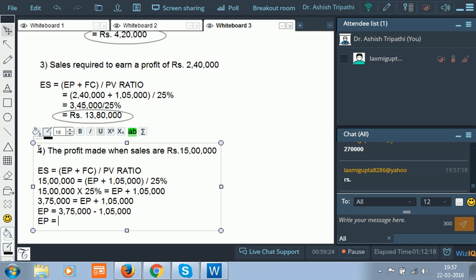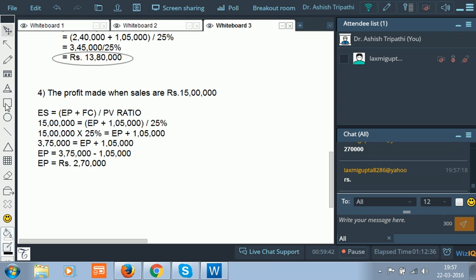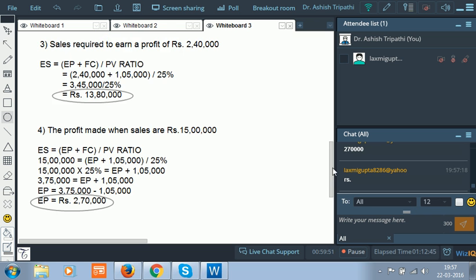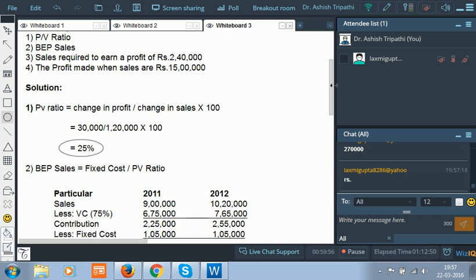Let's see, EP is equal to 2,70,000 is the right answer. Rupees 2,70,000. फिर से सही जवाब, फिर से करेक्ट आंसर दे दिया. So we got expected profit as 2,70,000.